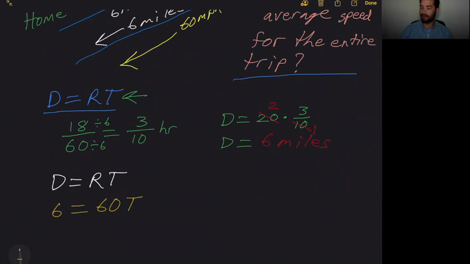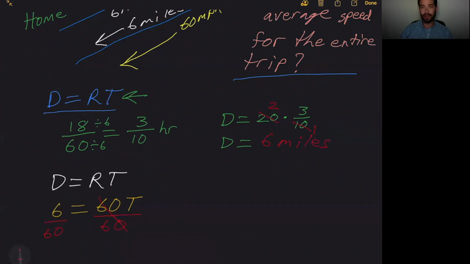Okay, so now I'm going to solve. Well, in algebra, we have to divide each side by the same thing in order to isolate the variable if you are multiplying the variable against another number. So as you can see right here, we have 60 times t. So what I'm going to do is I'm going to divide by 60 on both sides so that I can get the variable t alone. 60 divided by 60 is 1.